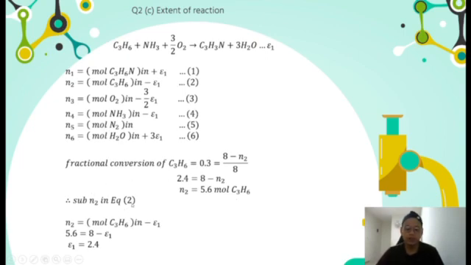Substitute N2 in equation 2, which is N2 is equal to mol C3H6 in minus extent 1. 5.6 mol is equal to 8 minus extent 1. Extent 1 is equal to 2.4.